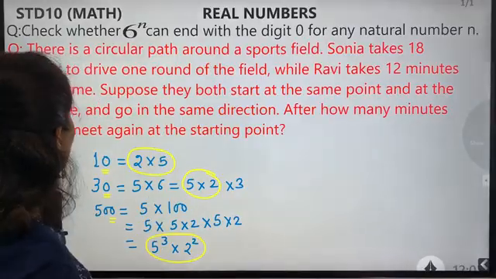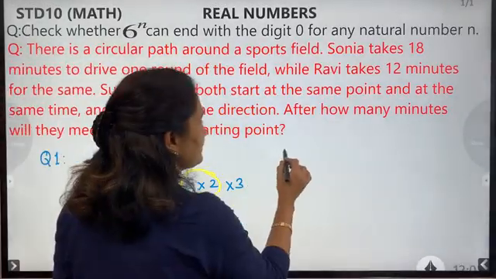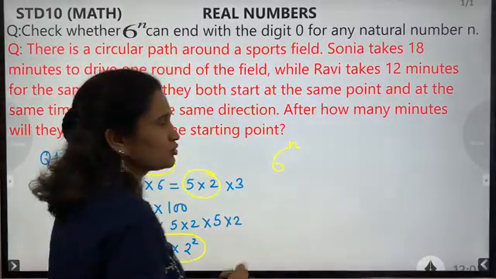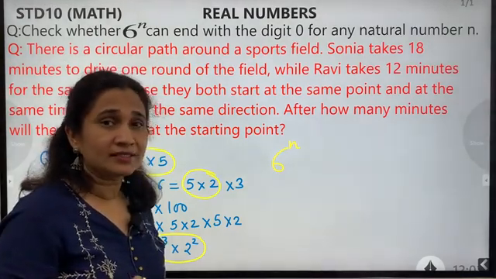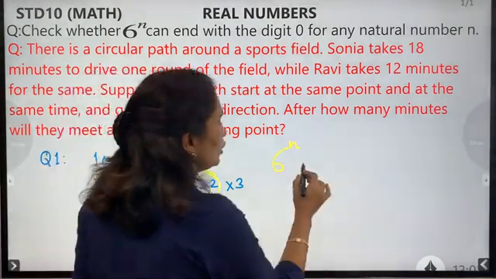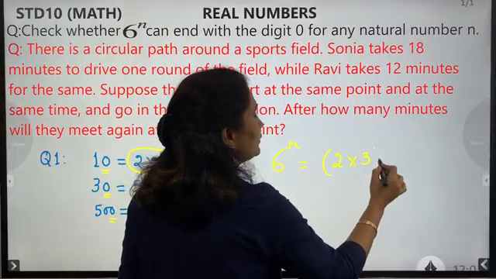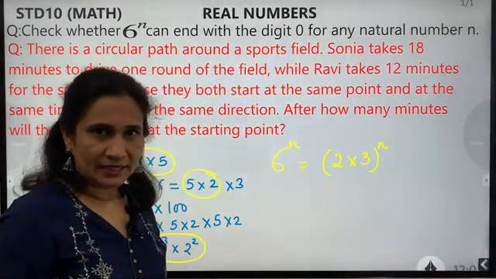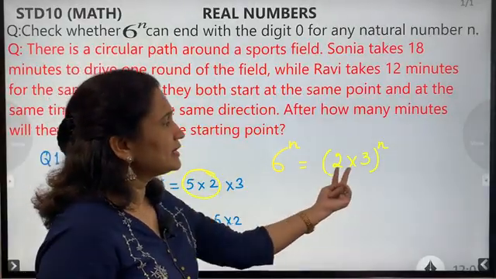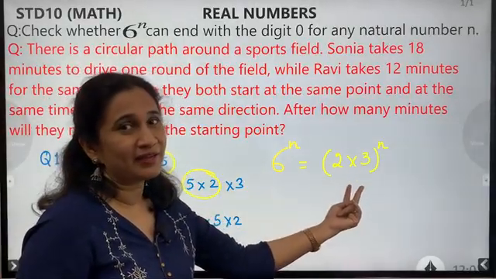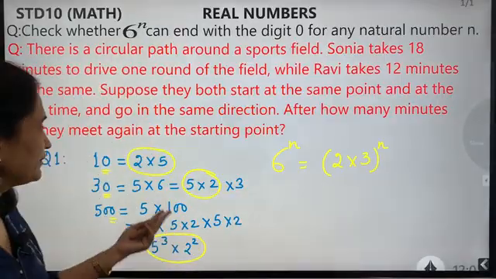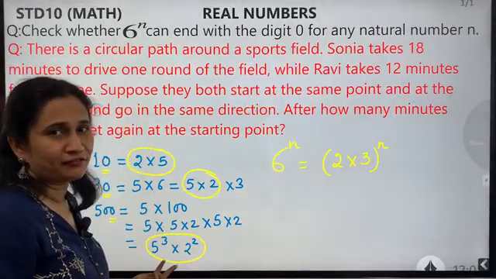Now let us talk about 6 to the power n. They said n can be any natural number, so according to our laws of exponents, can I write it as 2 into 3 to the power n? Yes, I can. So what did we see? That its prime factors are 2 and 3. But we know that we need prime factors 2 and 5.